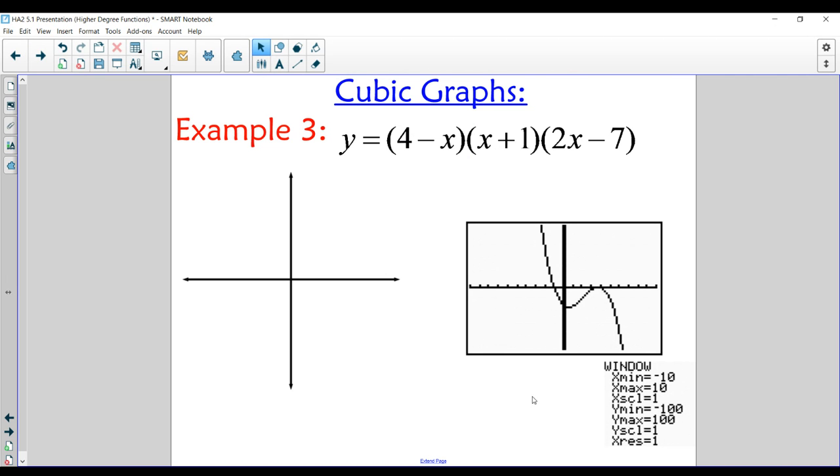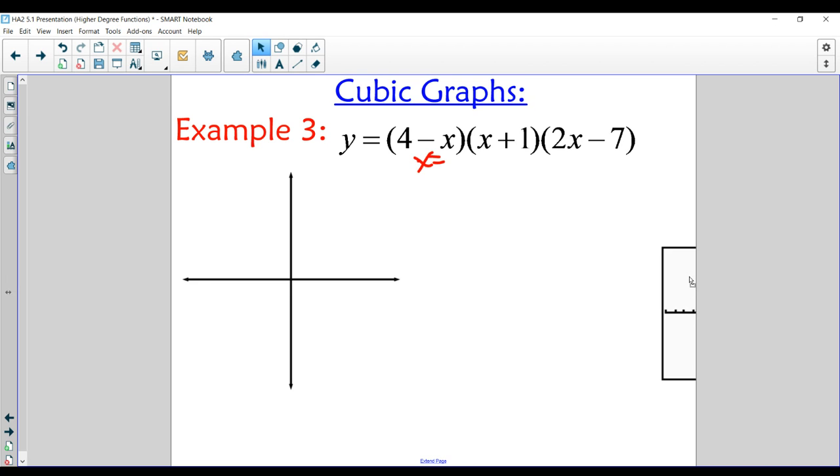All right, on this one, x-intercepts at 4, at -1, and at positive 7/2. Let's move that further over.